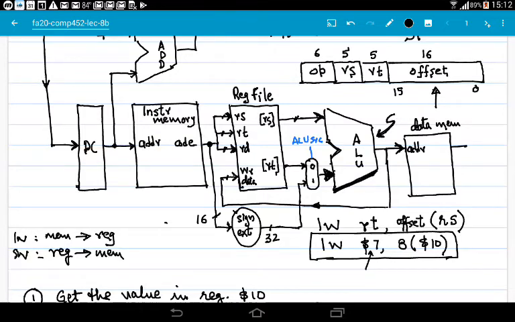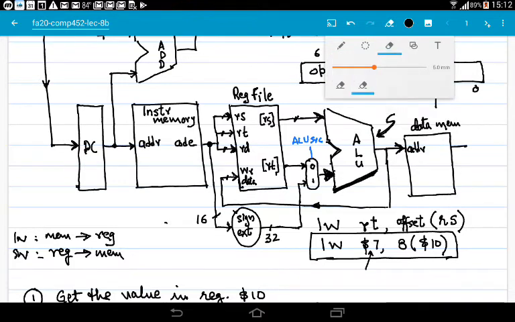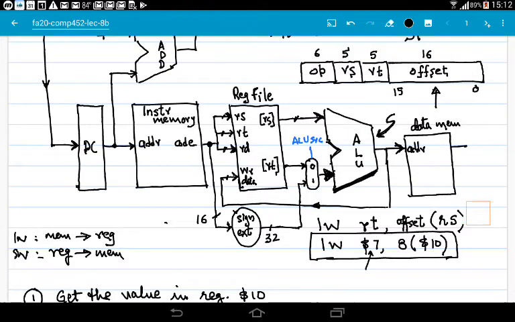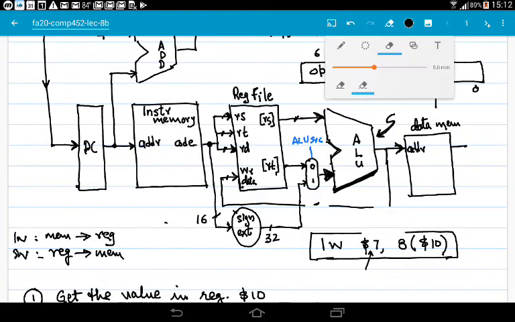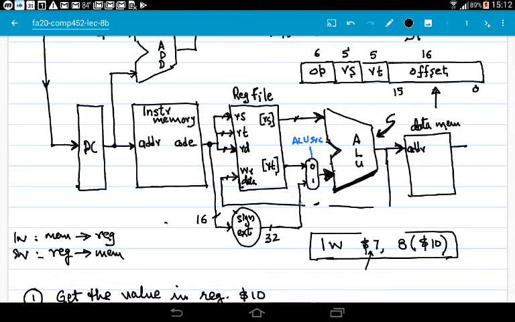Okay, so let me also erase this stuff because I want to draw my lines here. No, it's difficult to draw these.